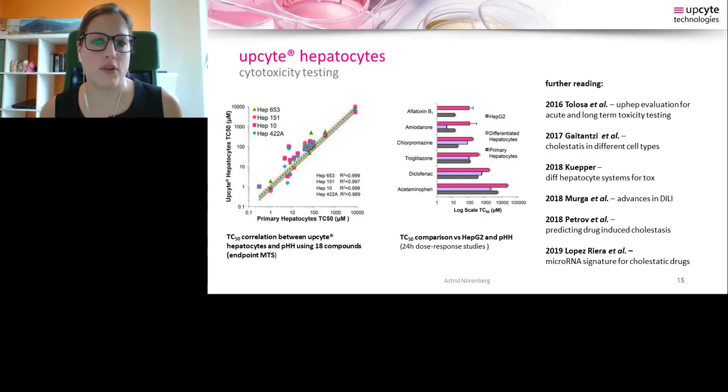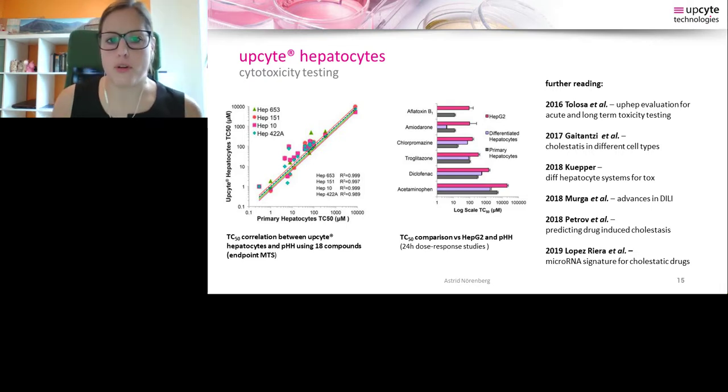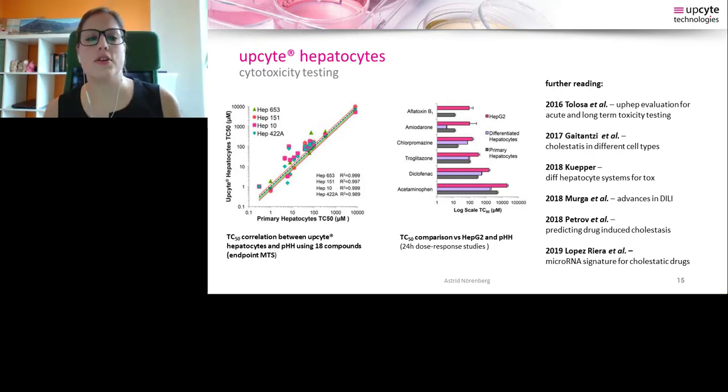One paper I'd like to highlight is the first one from 2016, about long-term toxicity testing. One advantage of those cells is that you can culture them quite long, and that opens possibilities which you don't have with primary cells. You can really do repeated dose toxicity testing up to 3 weeks, which you definitely can't do with primary cells.